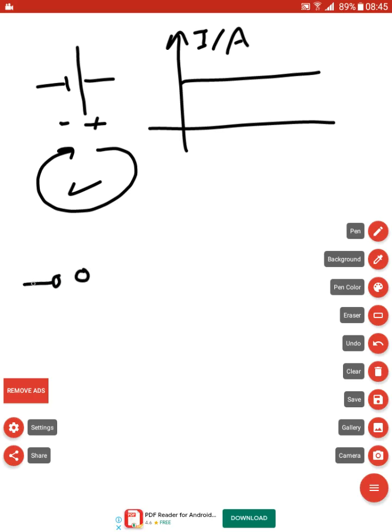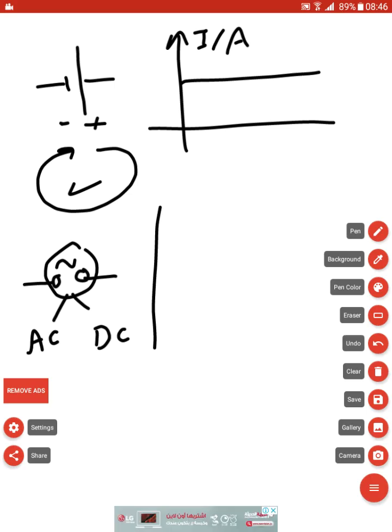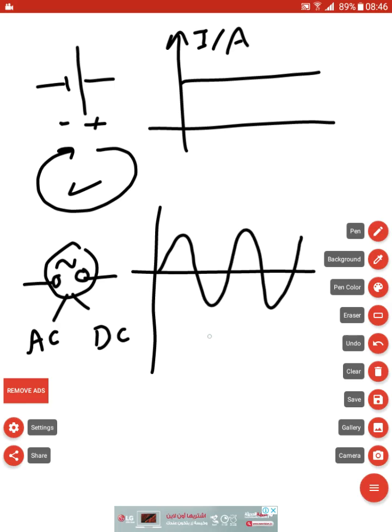In a power supply, you may have a direct current or alternating current. Most of the power supplies give us a direct current, okay? An alternating current, the current changes its magnitude and direction, okay? And by a high frequency.